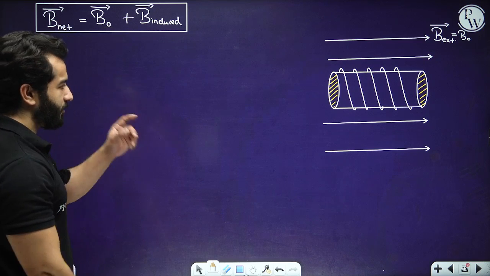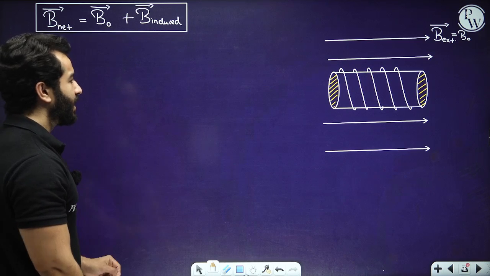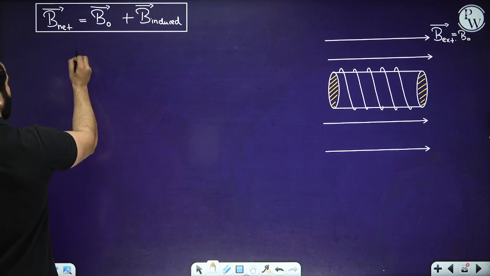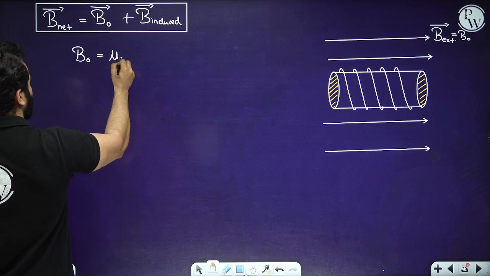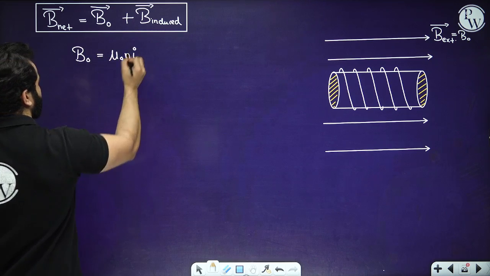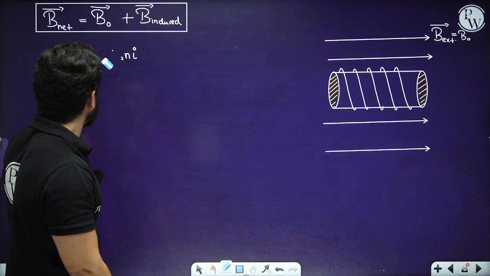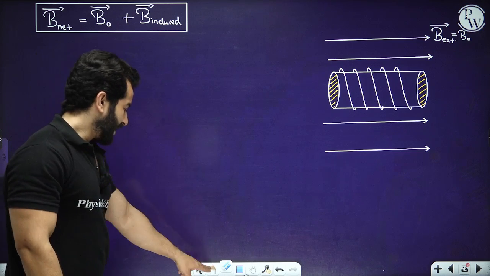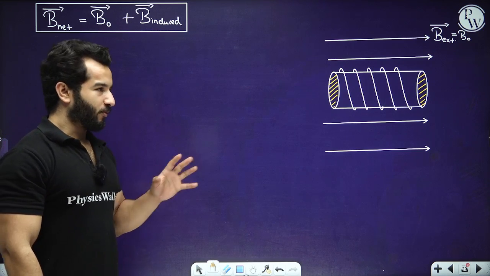Now we can say that if we have got an external magnetic field, that external magnetic field B naught can be written as mu naught Ni. Even if you are not understanding this, let me explain this topic once again.